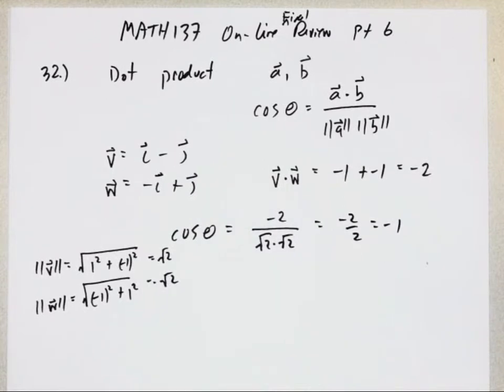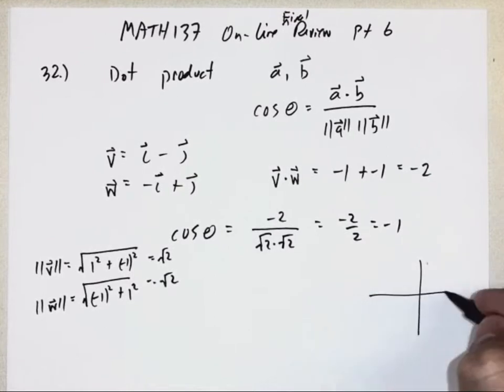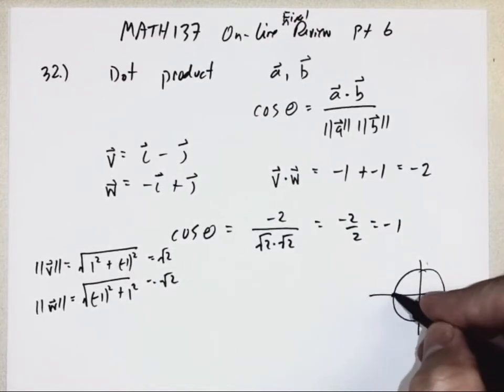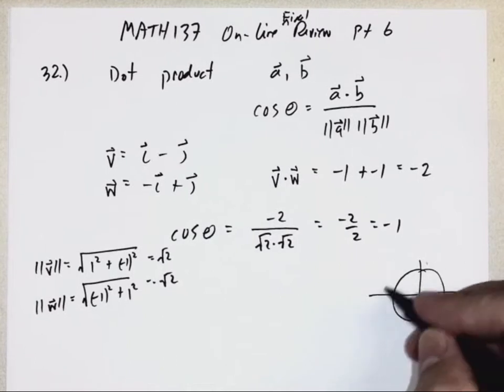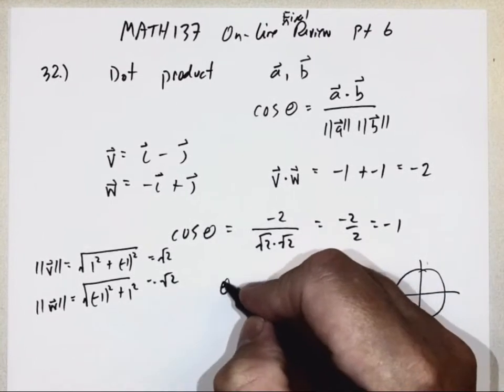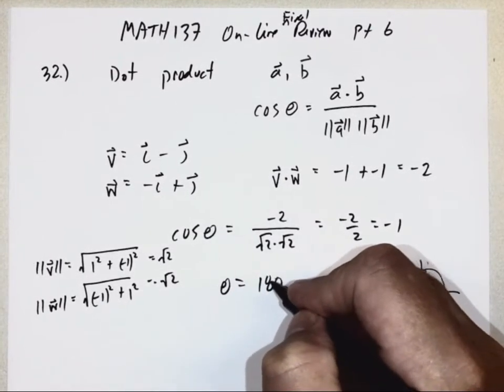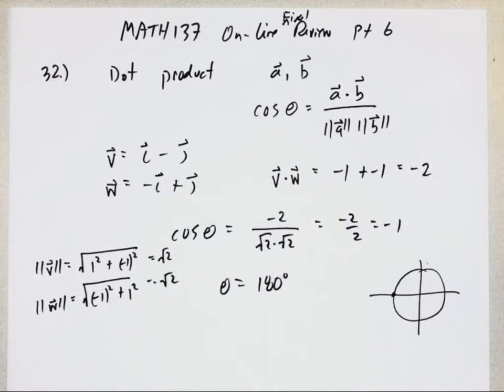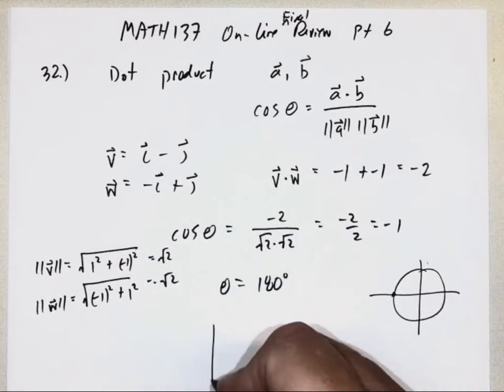We're on the unit circle. One angle on the unit circle whose cosine is negative 1 is right here, right? What is that in degrees? 180 degrees. So we can actually draw these vectors.